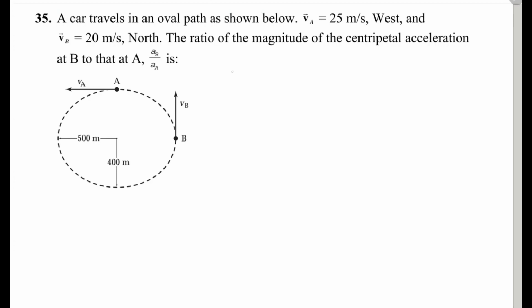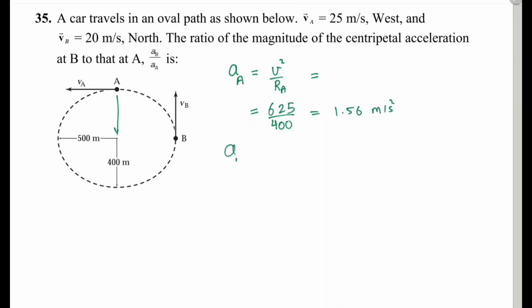Now let's calculate the central or centripetal acceleration at A. VA is equal to 25, so V squared over RA, and the semi-minor axis here is RA, so 625 divided by this radius here, which is 400, or 1.56 meters per second squared.